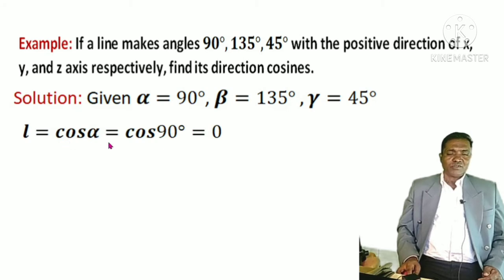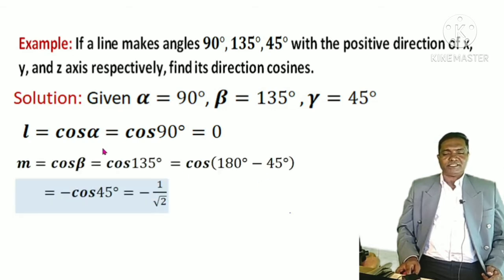So l is equal to cos alpha, that is cos 90, which is 0 as earlier, and you have a problem with this. Beta is 135 degrees, so cos of 135 you have to convert or express in terms of allied angles, means in terms of 180 plus, 180 minus, or 360 plus, 360 minus.